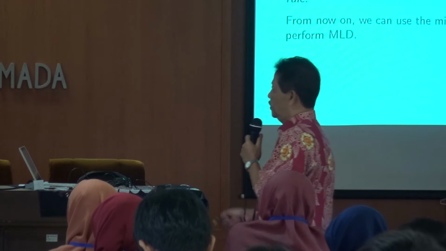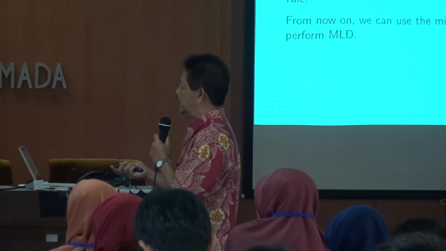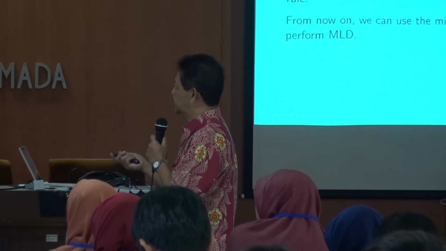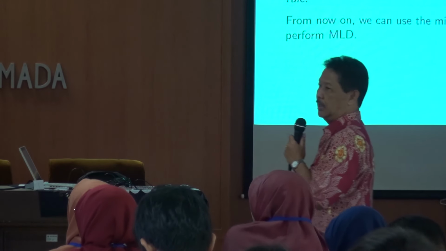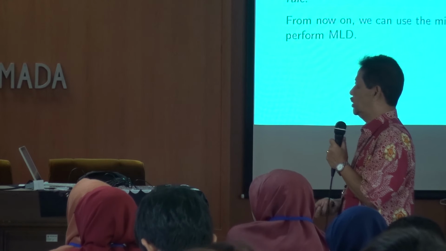So whenever p is less than 1/2, then MLD is the same as nearest neighbor decoding. The rule of MLD is the same as the rule of nearest neighbor decoding.